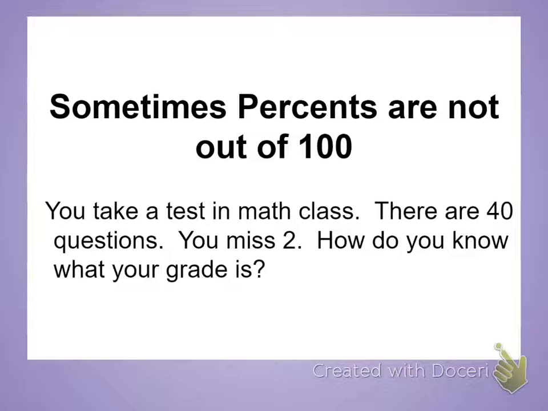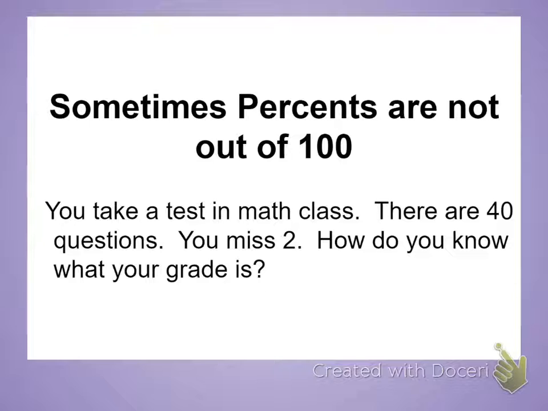So you take a test in math class. There are 40 questions and you miss 2. How do you know what your grade is? Well, you have to figure out what percent you got right. There are a couple of ways to do it, but I'm going to skip to the easy way. So the easy way is you got how many out of how many?